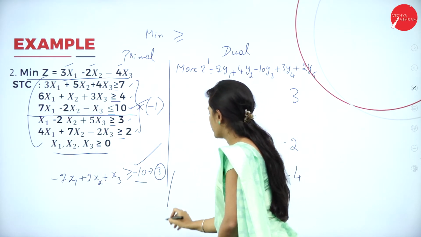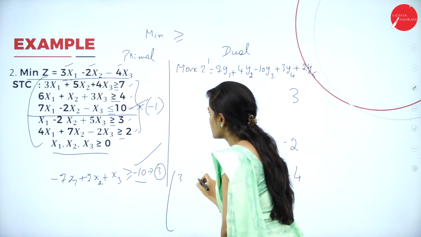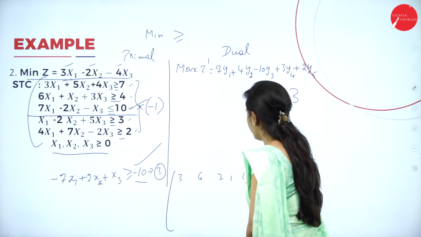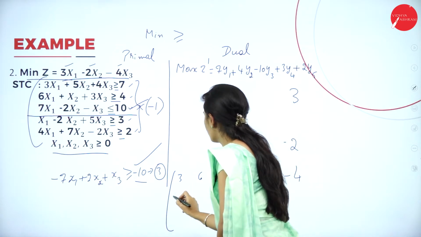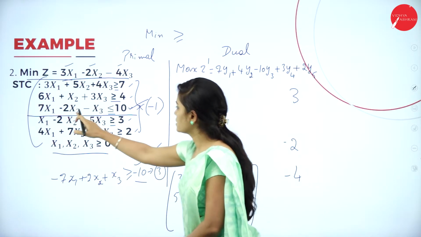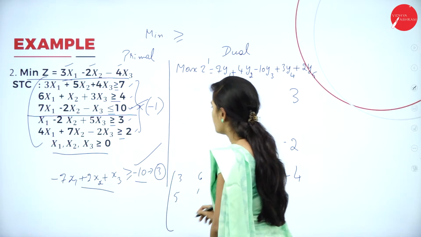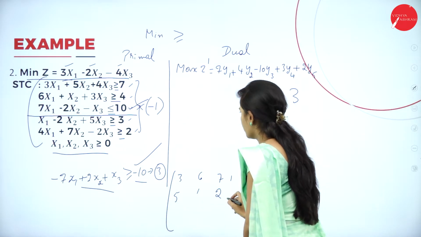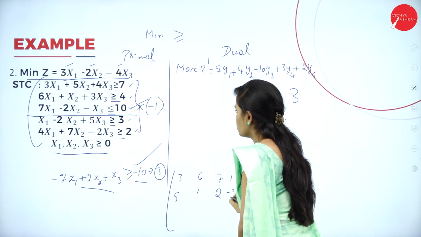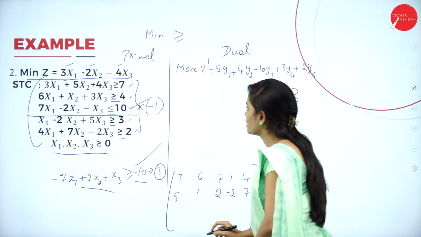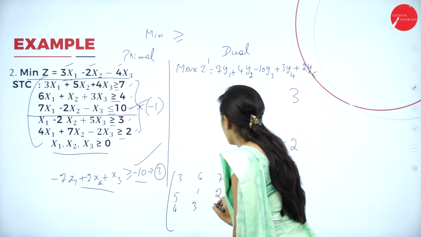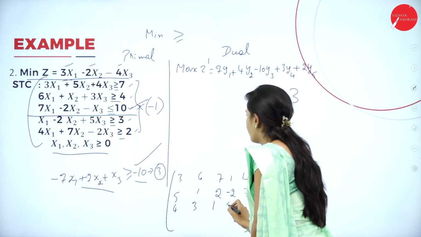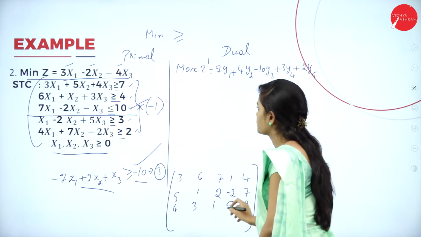I'll write the matrix here: 3, 6, 7, 1 and 4; next column 5, 1, 2, minus 2 and 7; and 4, 3, 1, 5 and minus 2.